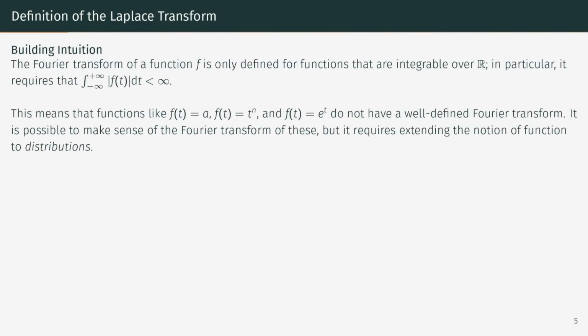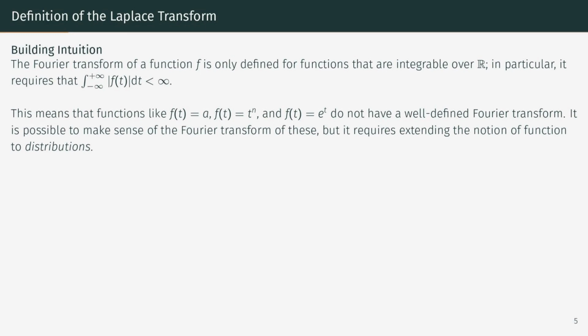Next, we want to build intuition for using Laplace transforms. The Fourier transform of a function f is only defined for functions that are integrable over the real numbers. In particular, it requires that the integral of the absolute value of f of t dt from negative infinity to infinity is less than infinity.